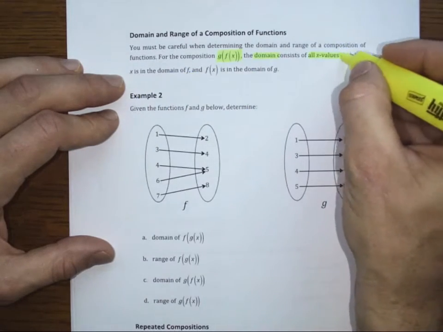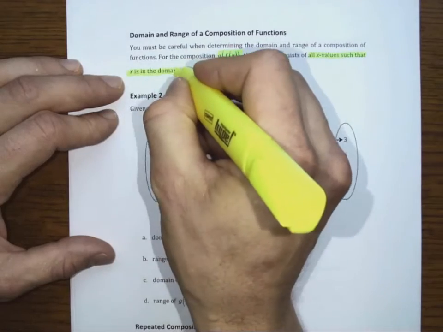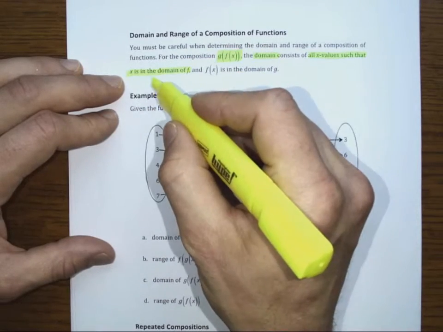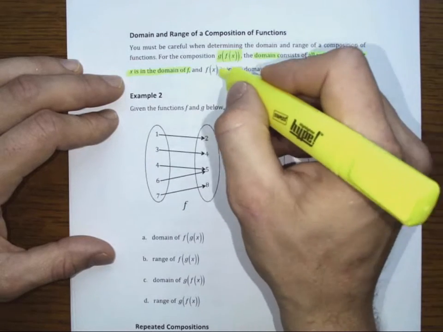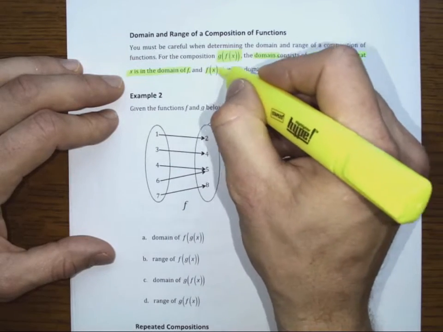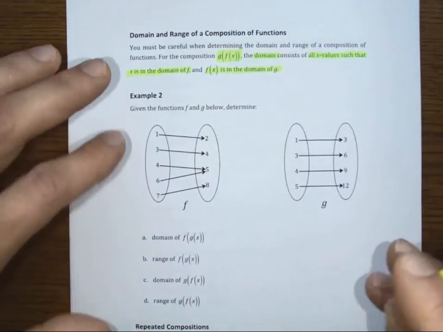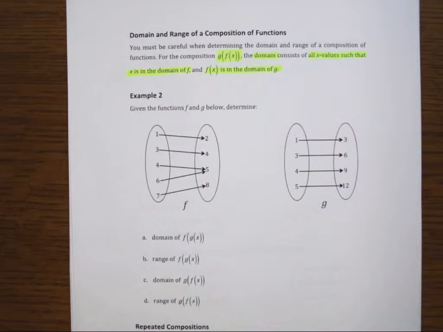So all the x values that are in the domain of the inside function, in other words, such that they give outputs, f of x's, in the domain of g. All right, so I'm going to decode a bit of that.